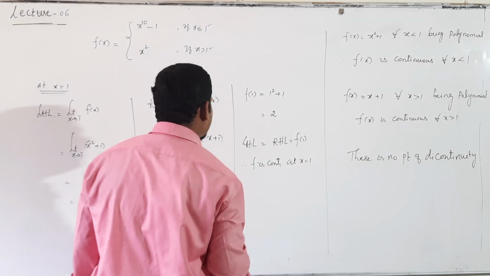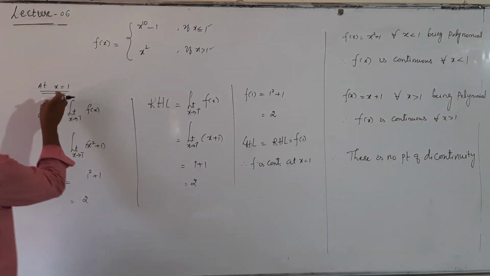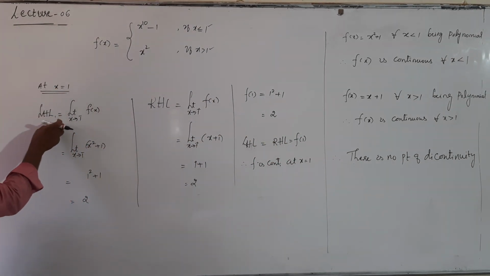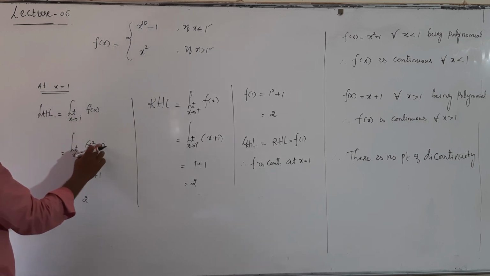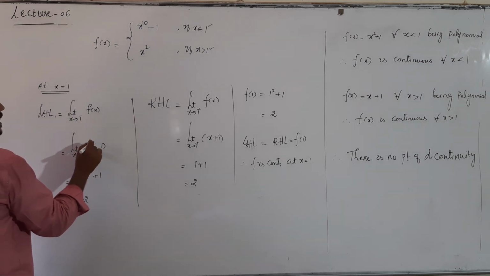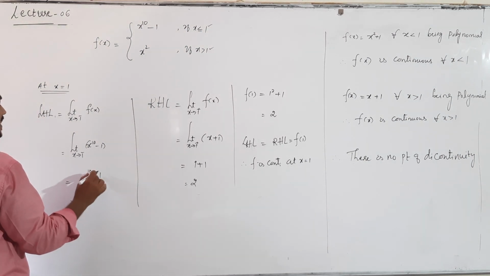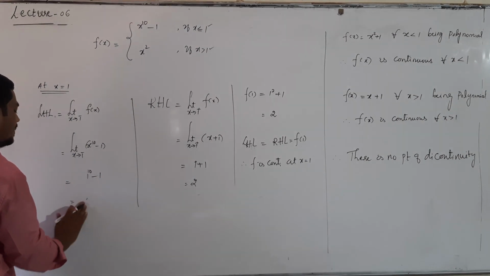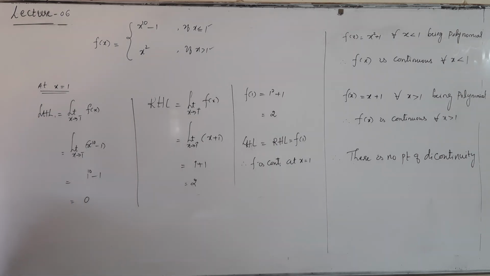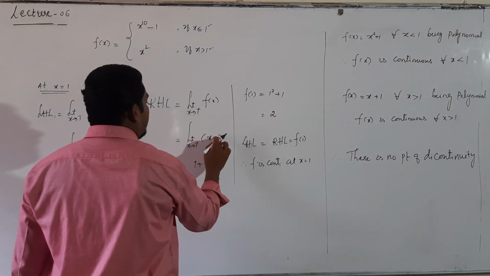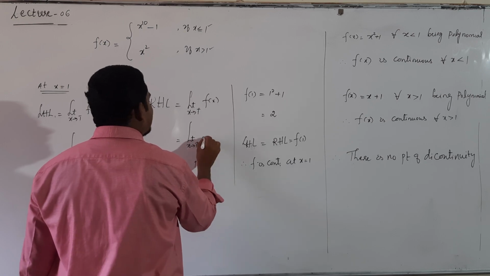At x equal to 1, left hand limit of f of x, in this case f of x is x power 10 minus 1, means 1 power 10 minus 1, it will be 0. Similarly evaluate the right hand limit, that is f of x equal to x square only.